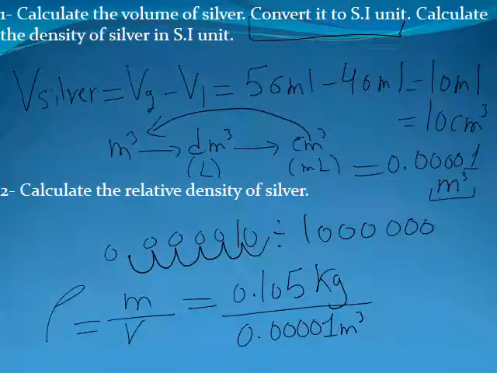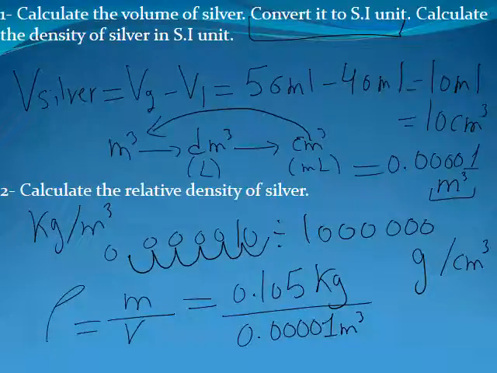We have two units of density. The SI unit, which is kilogram per meter cube, and also another unit which is gram per centimeter cube. Pay attention: if you use the mass in kilogram, the volume should be in meter cube, and if we use the mass in gram, the volume should be in centimeter cube.